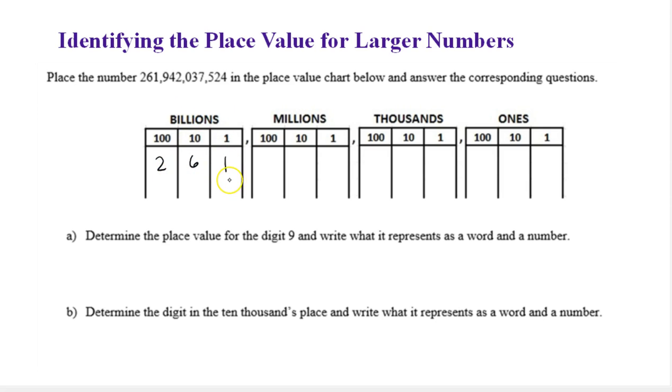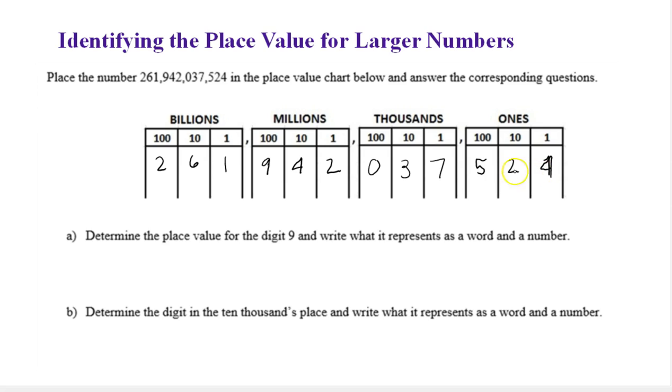So 261 billion, 942 million. Now we have 037. We need that 0 as a placeholder. We don't put the 3 here and the 7 here because this is showing that we have 0 100,000s, but 3 10,000s and 7 1,000s. And finally, 524.